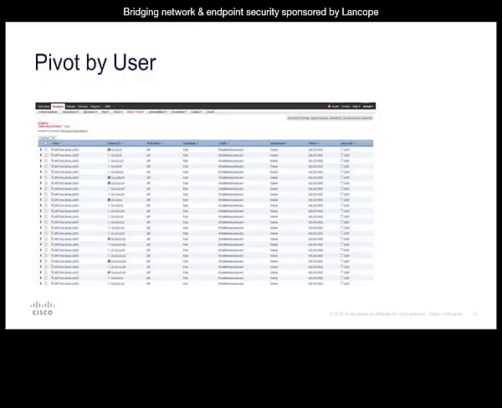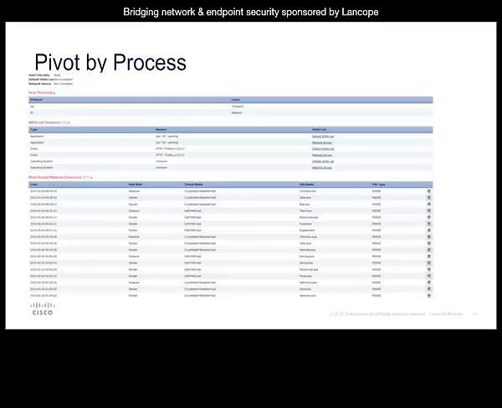So collecting user information on the endpoint and collecting user information on the network allow us to make the clearest connection that's available today. I already went over that one. And the other one is pivoting back to process. So when we determine what the process is, we went from seeing bad network behavior, to the machine snapshot.